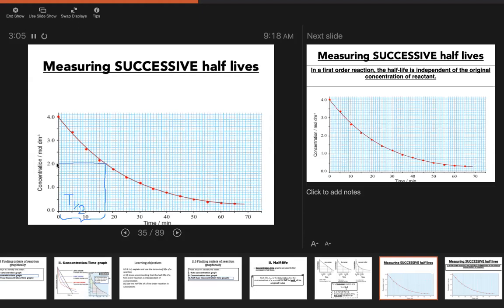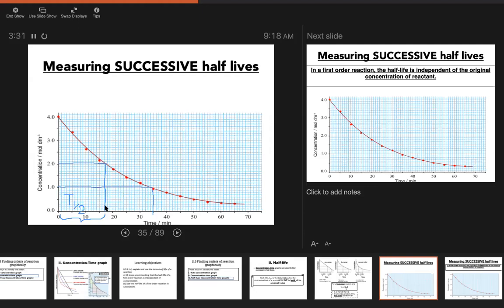If I keep on halving my concentration, now I'm starting at 2, I go down to 1, that's half, okay? So I draw again a line, and then I read that time. Now, for my second half-life, the time is not from 0, okay?